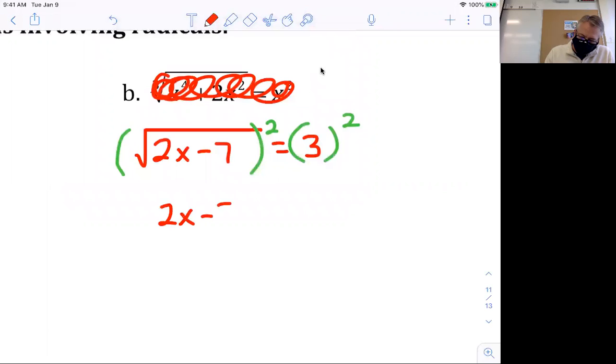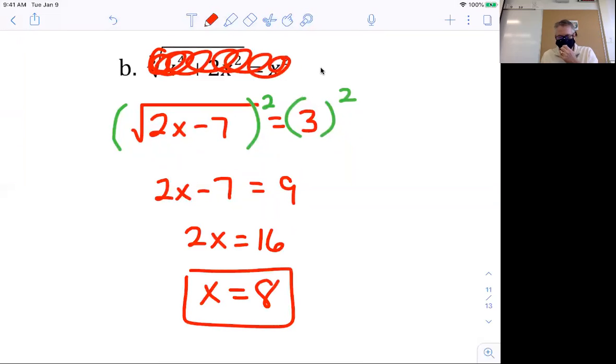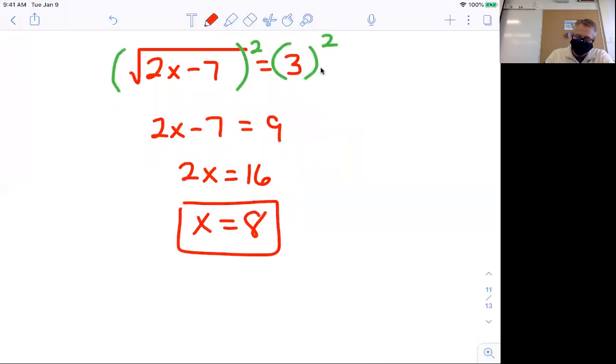So the left side gives us 2x minus 7 equals 9. Add 7 to both sides, so I have 2x equals 16, and x comes out to be 8. And we could always plug that back in to check.